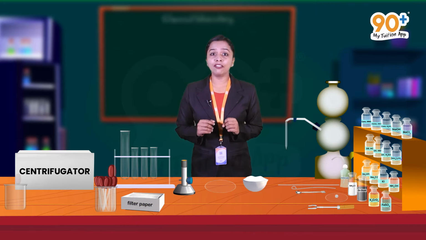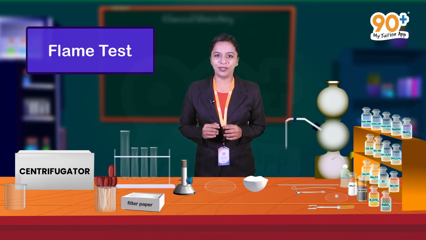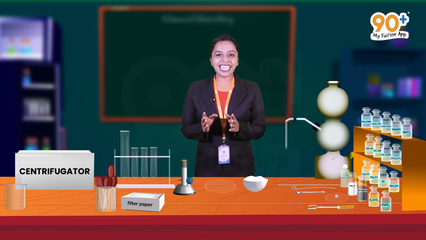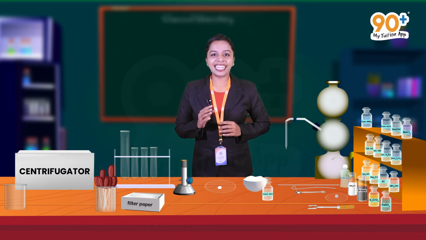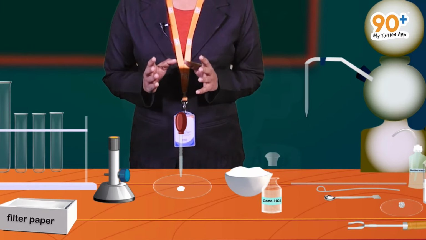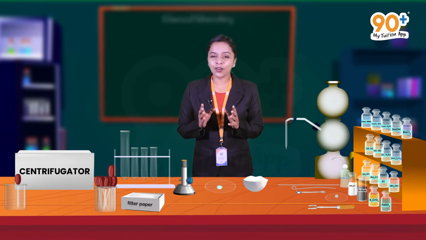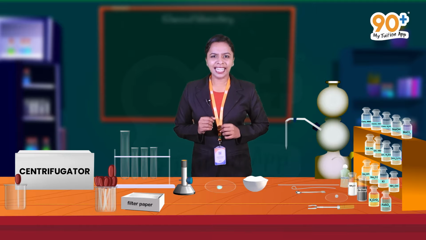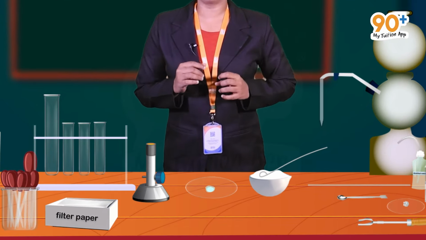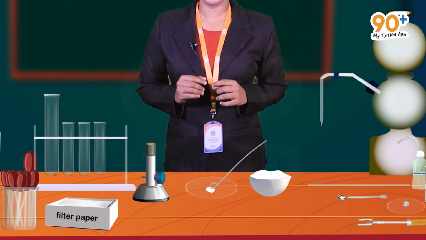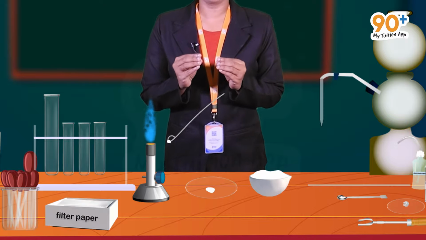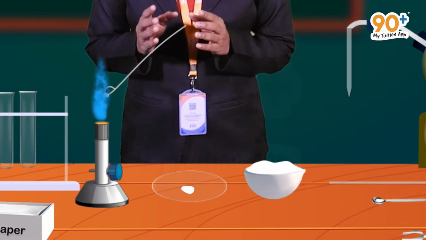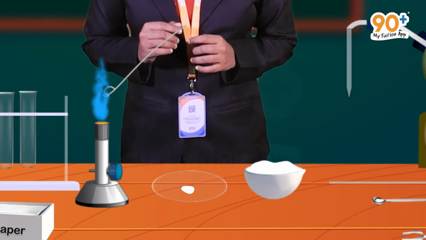Now let's conduct the flame test of the given salt. For this, take a watch glass. To this, add a little amount of given salt and then add a few drops of concentrated hydrochloric acid. Then, using a platinum wire, make the salt into a paste form. Now, introduce a small amount of paste to the flame using a platinum wire.